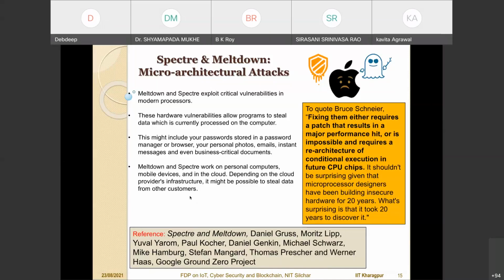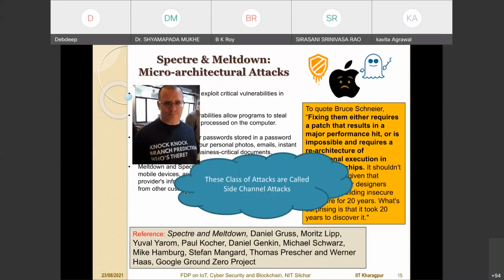So this class of attacks, which doesn't really break a crypto system but tries to look for several accessory avenues, is often classified as side channel attacks.